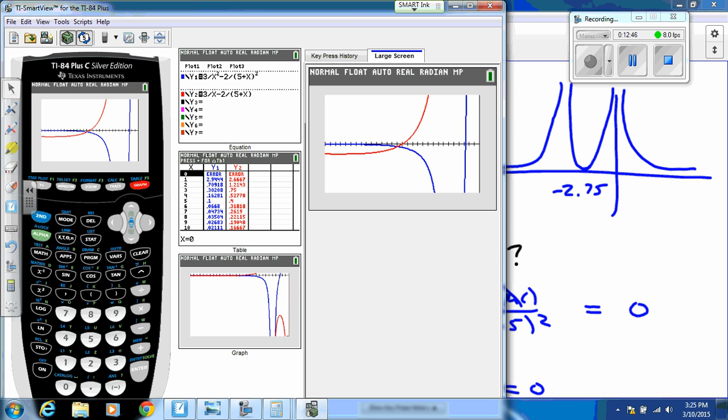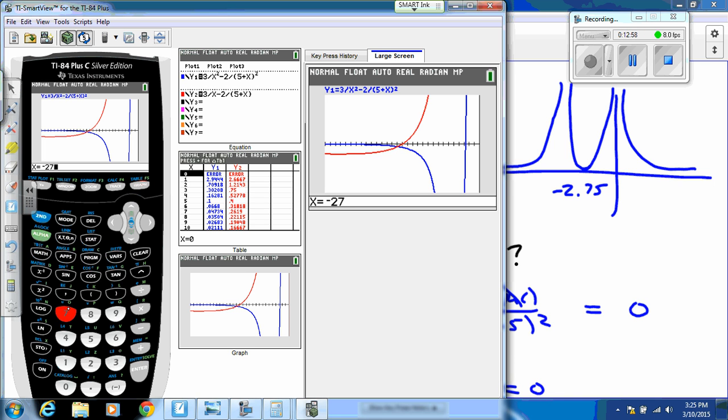And here comes my potential. This is that portion of the graph that looked so flat in the previous graph. And when I now hit trace and go to negative 27, you can see that the field is again 0. It's negative 1.7 times 10 to the minus 10. And my voltage is at its minimum, just like that.